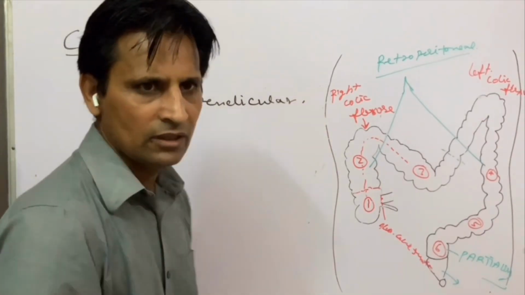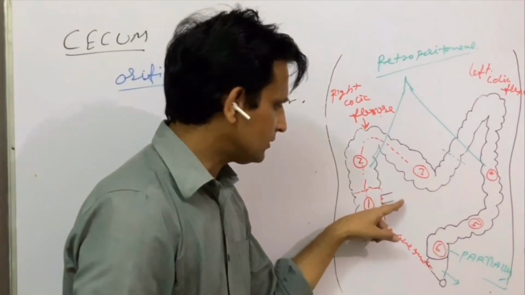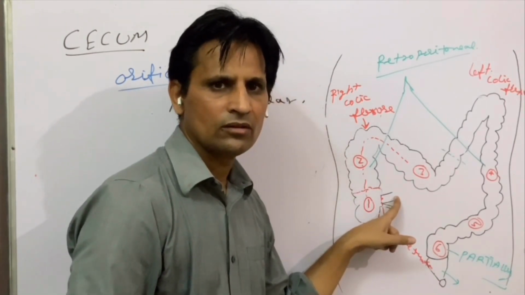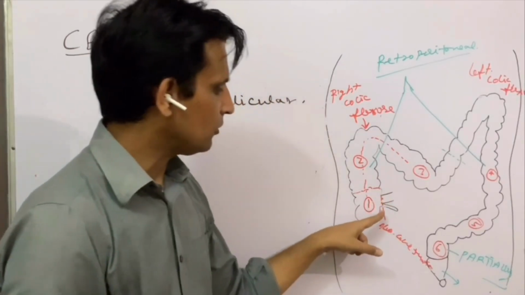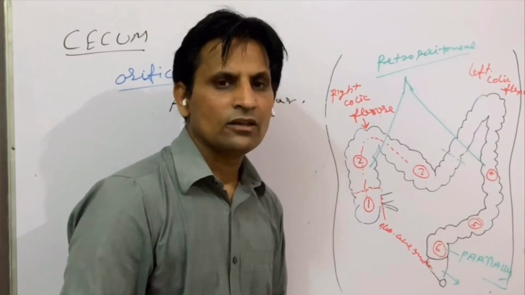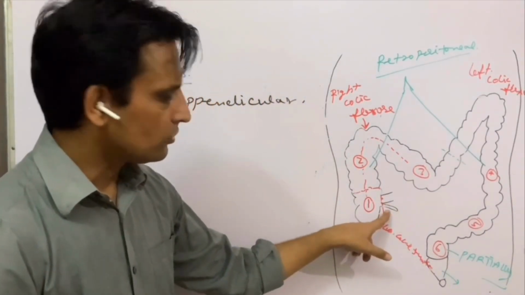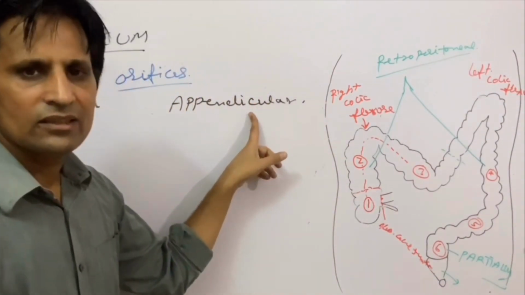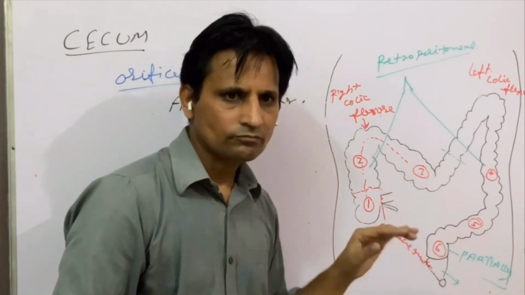As we told you earlier, it is situated about 1 to 2 centimeter below this ileocecal opening. As this ileocecal opening is on the posterior medial aspect of the cecum, this appendicular orifice would also be on the posterior medial aspect of the cecum, right?